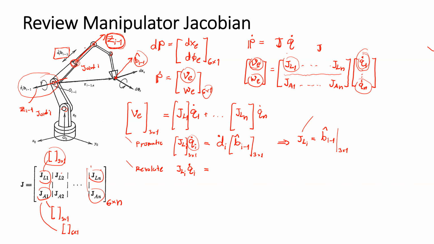the direction of the z-axis will point along the rotational axis of the joint, and the joint angular velocity is described by the magnitude of the rotational speed of joint i, theta dot i, and the direction of the axis, b(i-1), described by the unit vector.